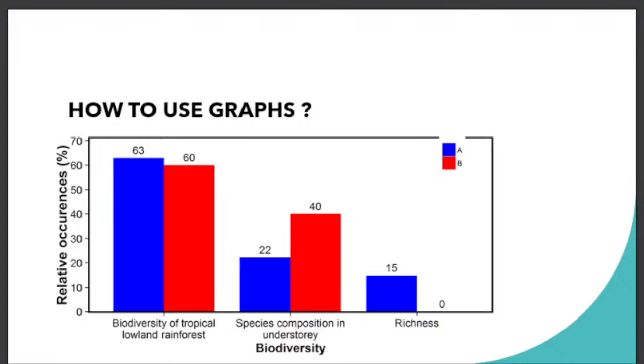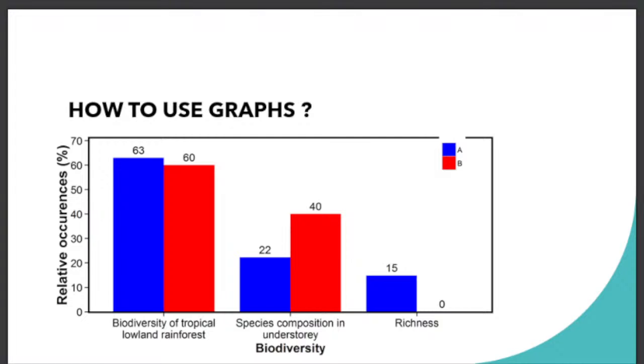Now, this first bar shows us the biodiversity of tropical lowland rainforest. Bar A shows us the relative occurrence percentage, and it goes up to 63% to 61.